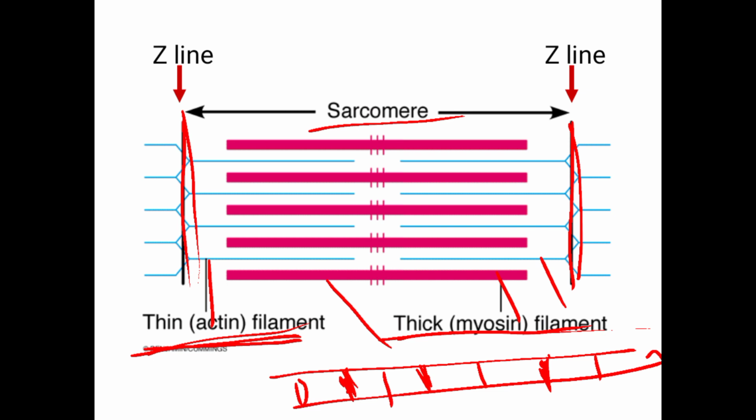So in the skeletal muscle, the microscopic structure shows alternating light band and dark band, one light band, one dark band, like this, between the two consecutive Z lines.